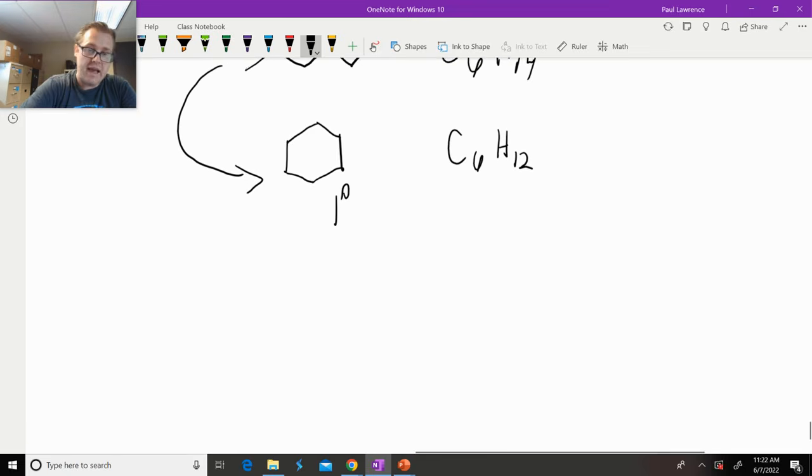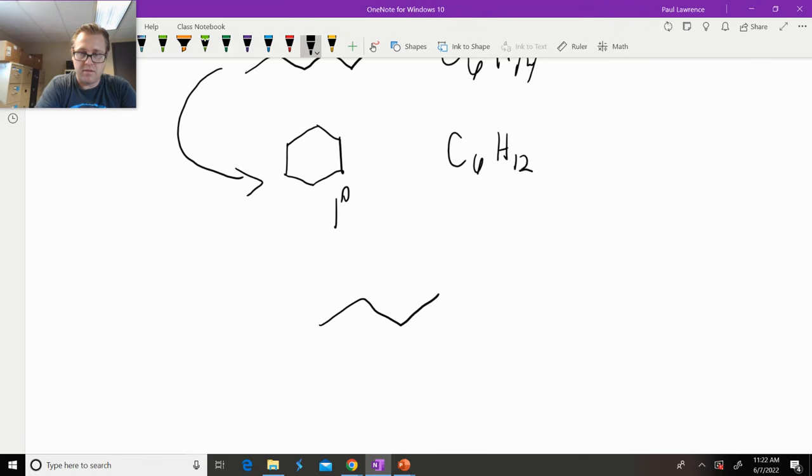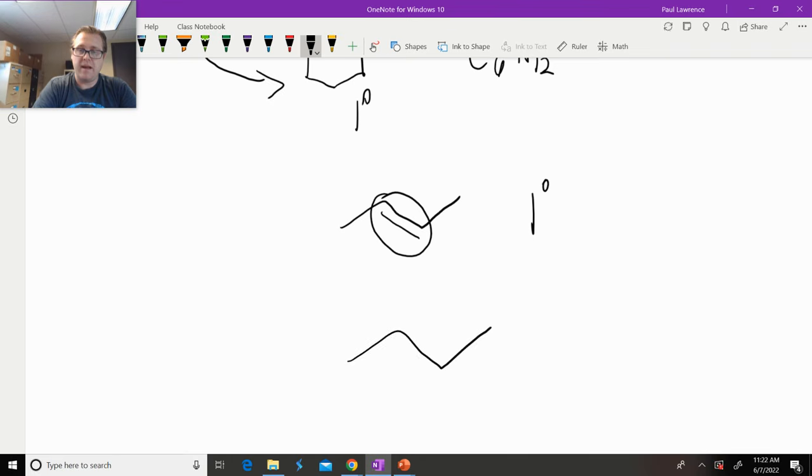So if I look at a molecule like this, how many degrees of unsaturation does that molecule have? Well, you see one double bond, so that's 1 degree of unsaturation. If you had something that looked like this, there's 2 double bonds, so that's 2 degrees of unsaturation.